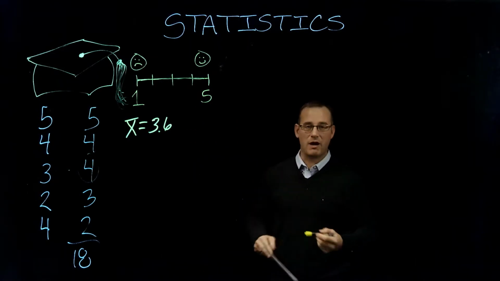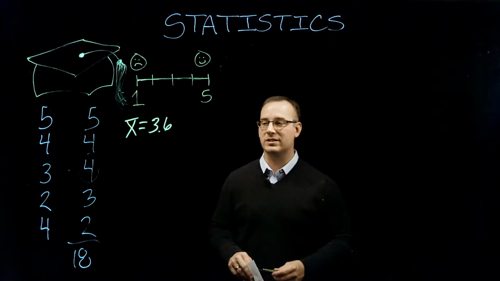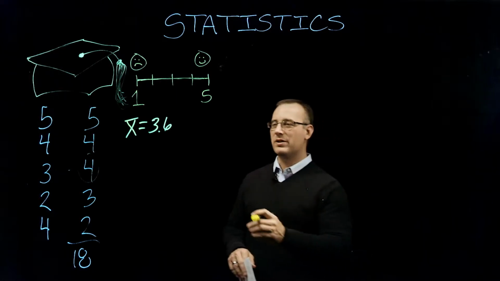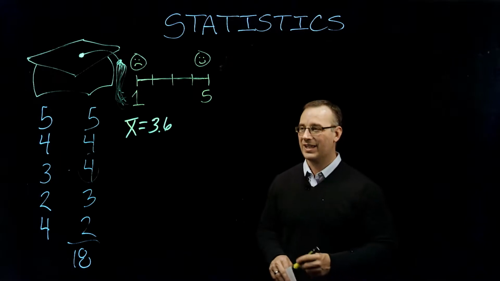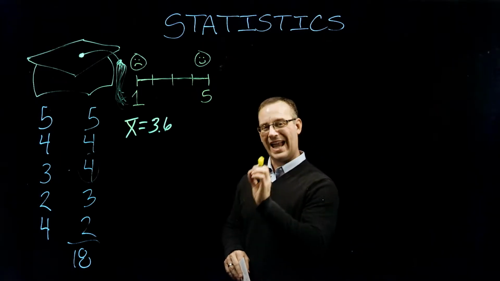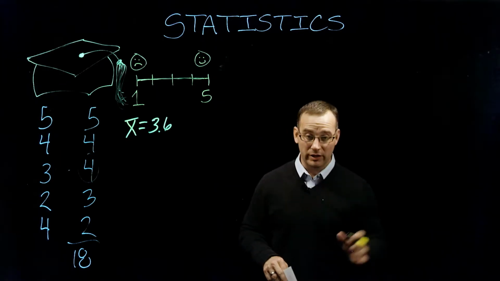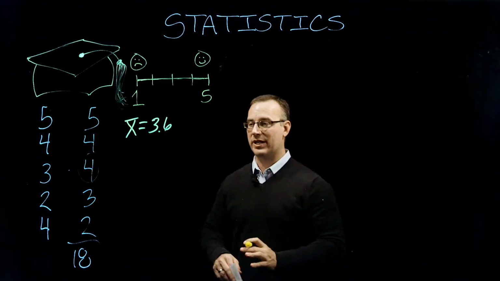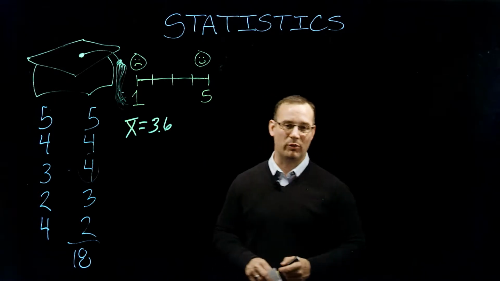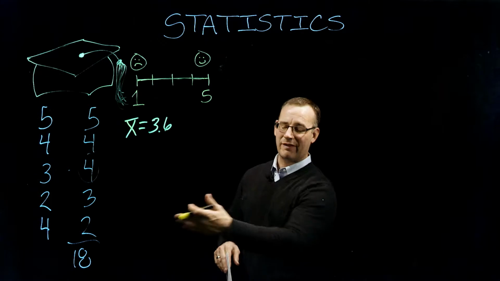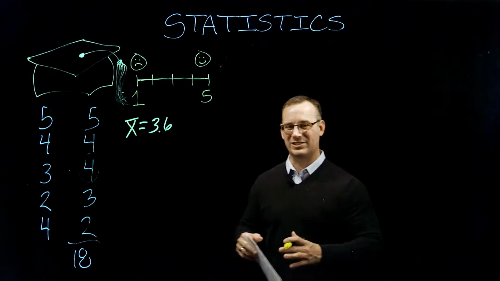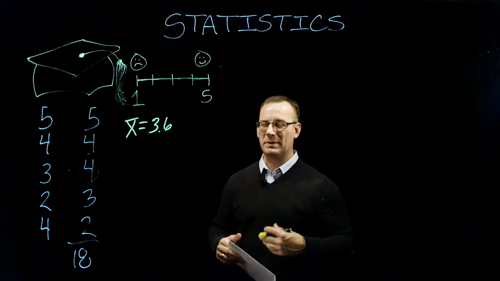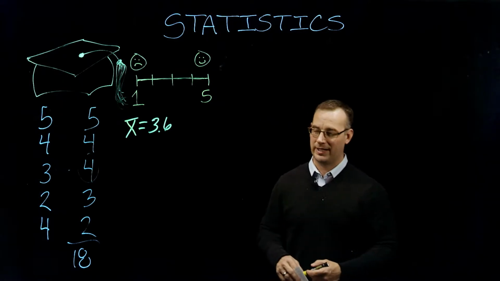A confidence interval allows us to say that we're not 100% confident that the actual mean of the total population of graduating seniors is actually 3.6, because in essence we have a sample.